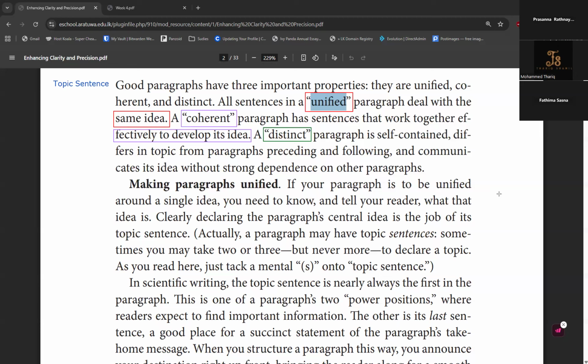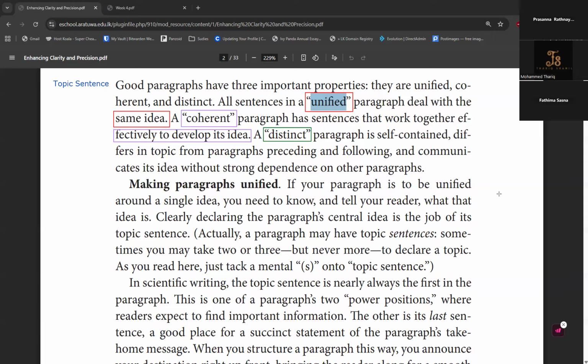A distinct paragraph is self-contained, differs in topic from paragraphs preceding and following. It is not talking about anything in the previous paragraph or in the forthcoming paragraph. Say, for example, when you take introduction and conclusion, most of the things that you take in introduction typically come to a conclusion in your concluding paragraph. But how to make these two distinct is, you do not copy and paste from introduction to the conclusion. If you copy and paste, what lacks there?